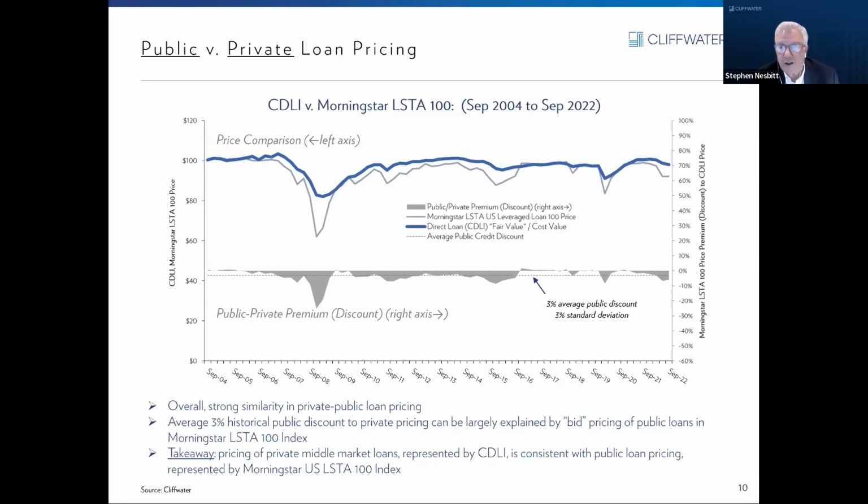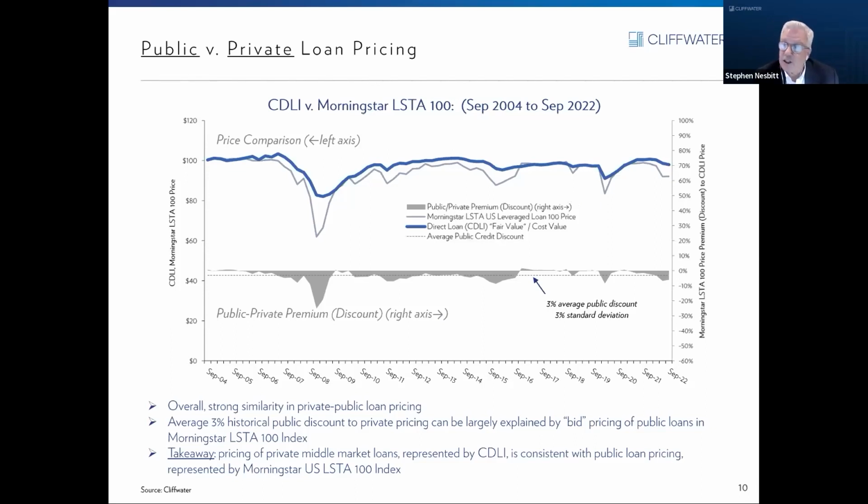Notice you use the right-hand scale to look at this bottom graphic, but basically this plots in shaded area the difference between the two lines at the top. First observation: on average, public loans trade at a 3% discount to private loans. So you might at first say, well, gee, at least in terms of price, maybe not yield, they're a little bit cheaper on pricing.